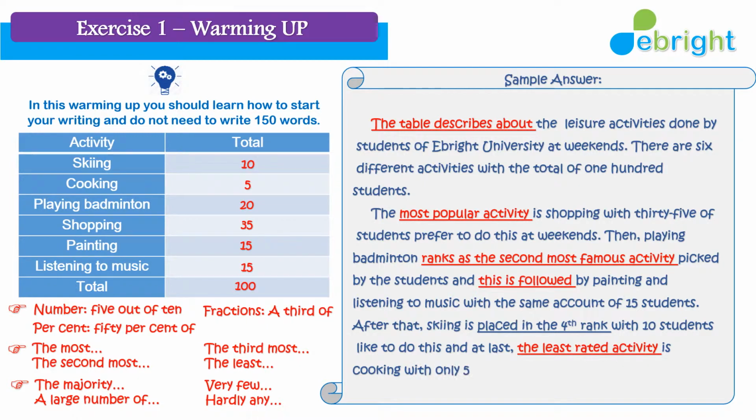And then we can state how many students there are, with only 5 students. Great! So you can use this template and we can just change the subject, the object, and also the data. Let's proceed to the next exercise.